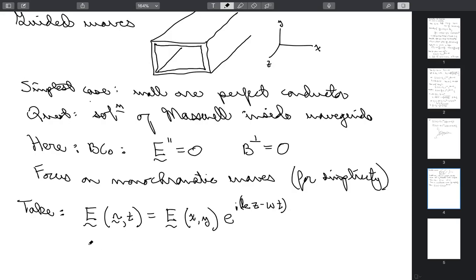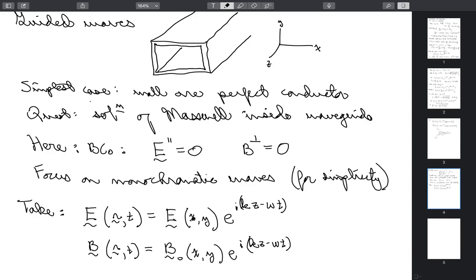Because of this form, of course, we'll be looking for a similar solution for the magnetic field, B. This is going to be some initial field, B0, which is also going to depend on x and y, with e to the i(kz minus omega t). Okay, and we'll specify these things later. Now, one of the things that's going to occur is that these waves inside here are not necessarily going to be without a longitudinal component.